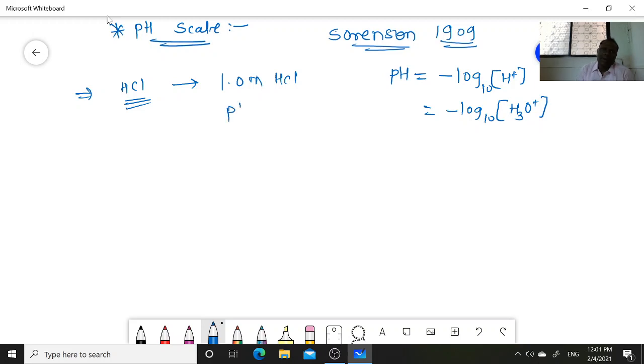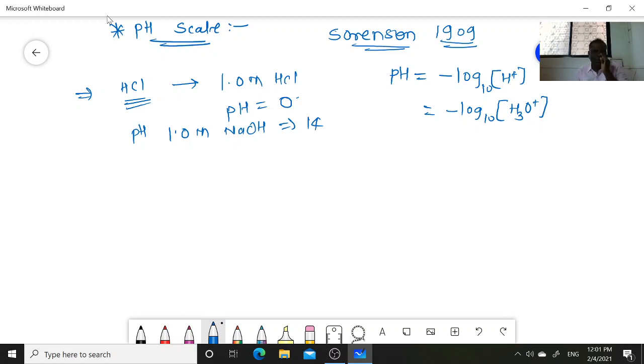The pH of 1 molar HCl is equal to 0, and the pH of 1.0 molar NaOH is equal to 14.